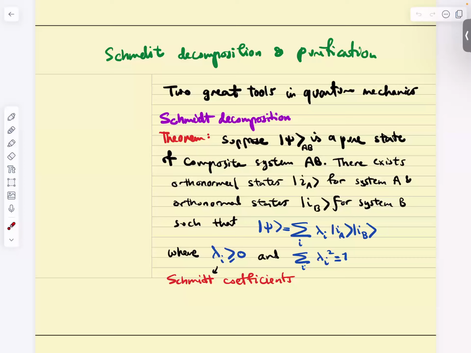Purification similarly, but purification is a very, very useful way to think about quantum mechanics. So they're related. And then finally, at the end, I'll end this lecture by talking about Bell's theorem. We'll talk about EPR, Einstein's confusion, or seeming paradox, and how he was proven wrong.